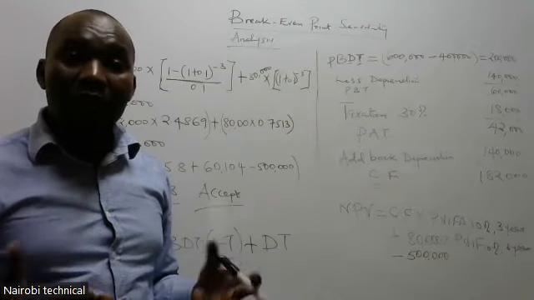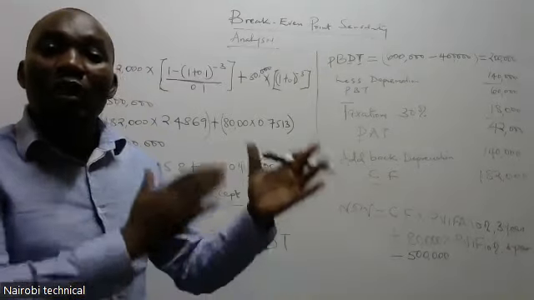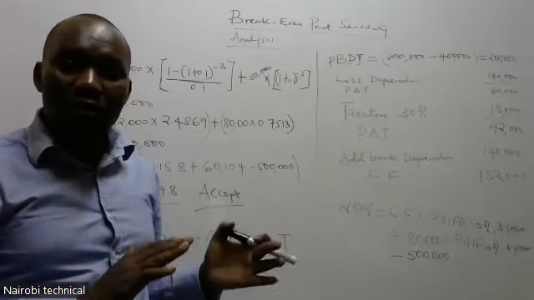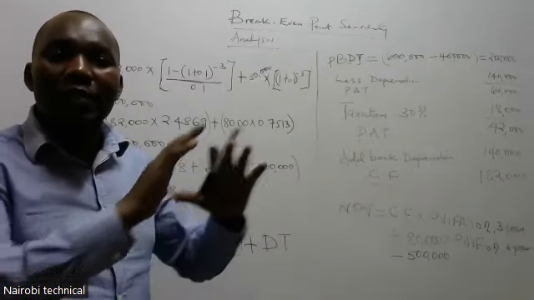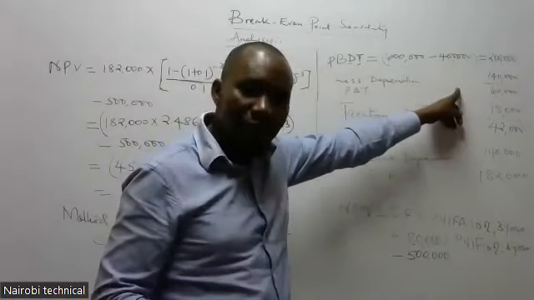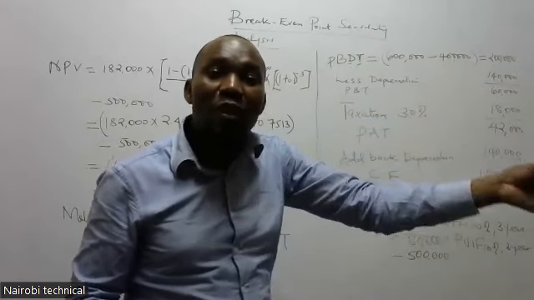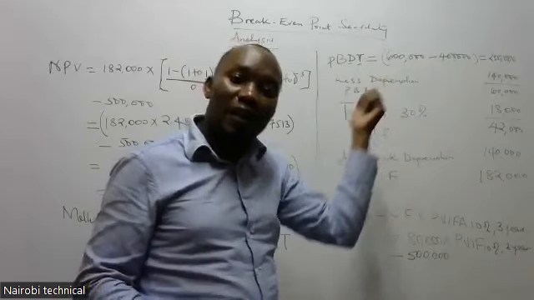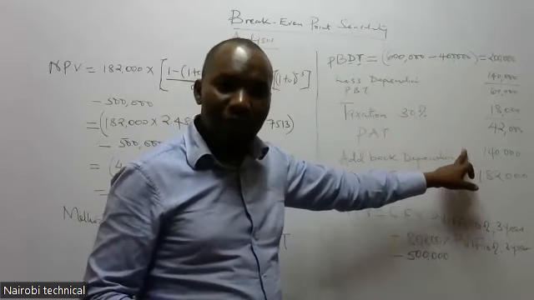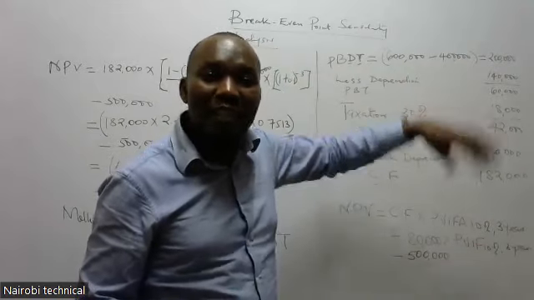But because we want to take advantage of what accountants are doing, we want to reduce the taxable amount. We always say that, oh, sisi pia tuko na depreciation, wacha tutoe. So that is why we are removing it here. But then, when the taxman has taken his portion, we know very well that we still have that money. We bring it back through back door. So the taxman has only gone with the net without depreciation being taxed.